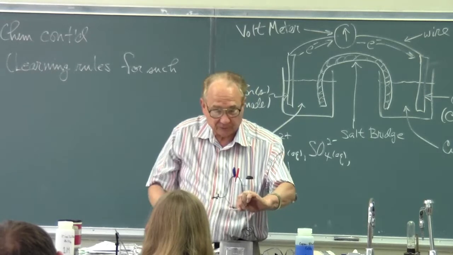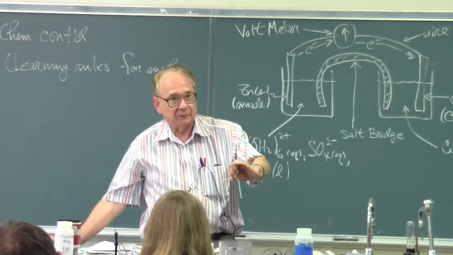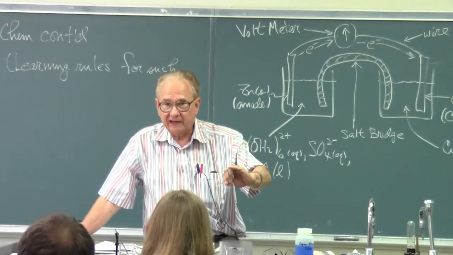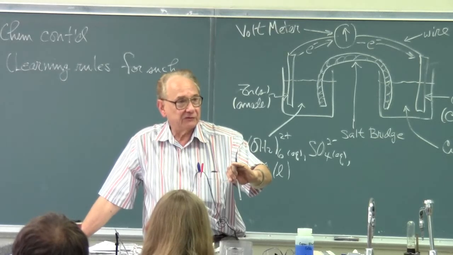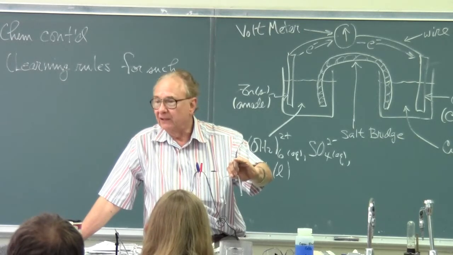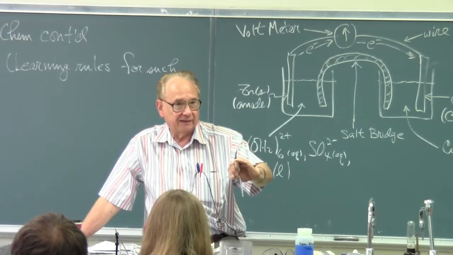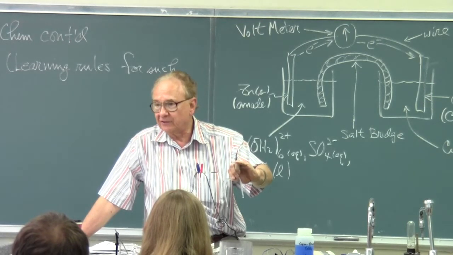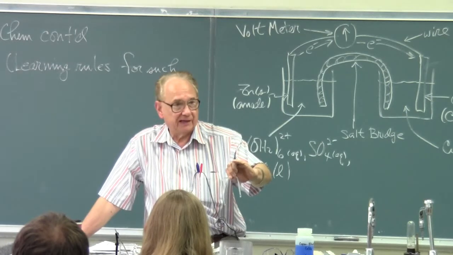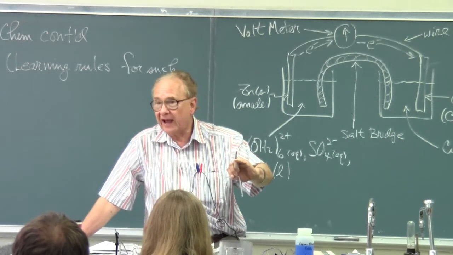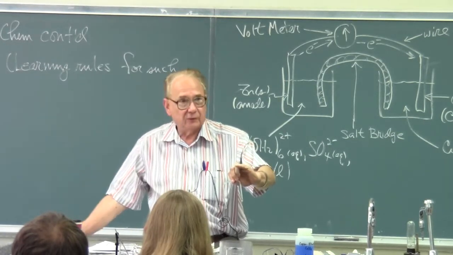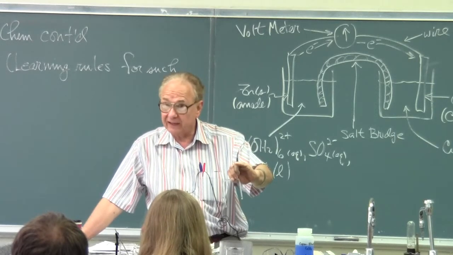All I know is that this is a salt bridge, but I don't know what's in the salt bridge. Most of the time, these simple demonstration model salt bridges are made from saturated sodium sulfate or saturated potassium chloride, because the component ions, sulfate ion, potassium ion, sodium ion, chloride ion, often don't react with either of the components of the half cells. We don't want that.